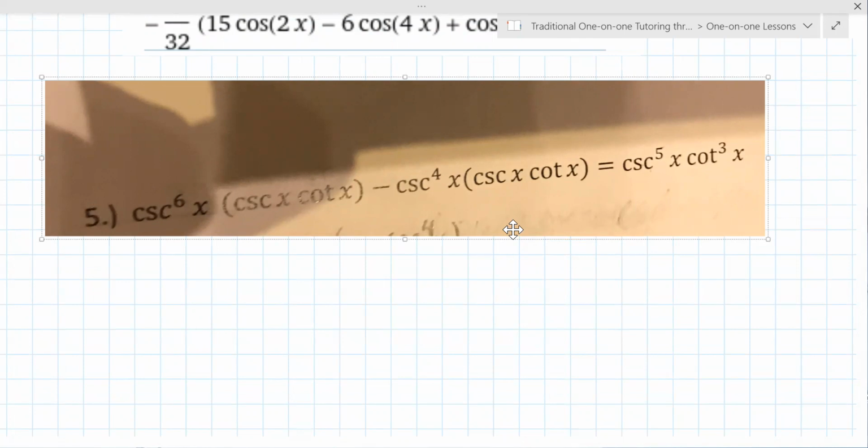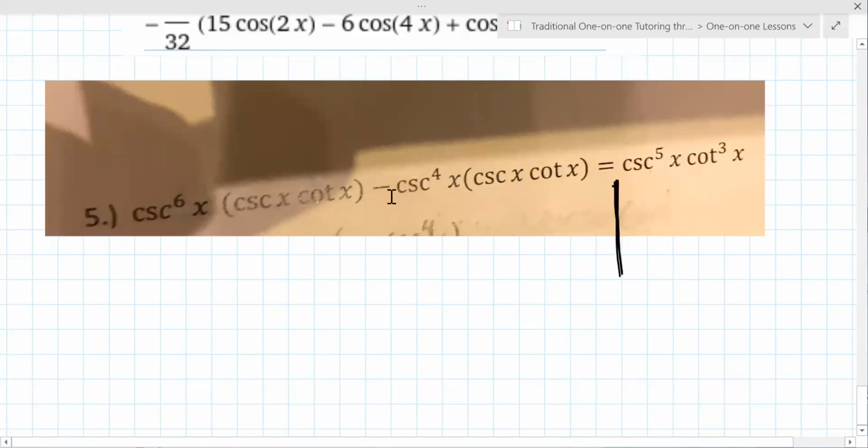You may find that potentially useful. So Jamie, any idea how you might start this now that you've done it again? I know you probably have to factor it and make it cosecant to the 6x minus cosecant to the 4x times the other 2. But I don't know where to go from there.